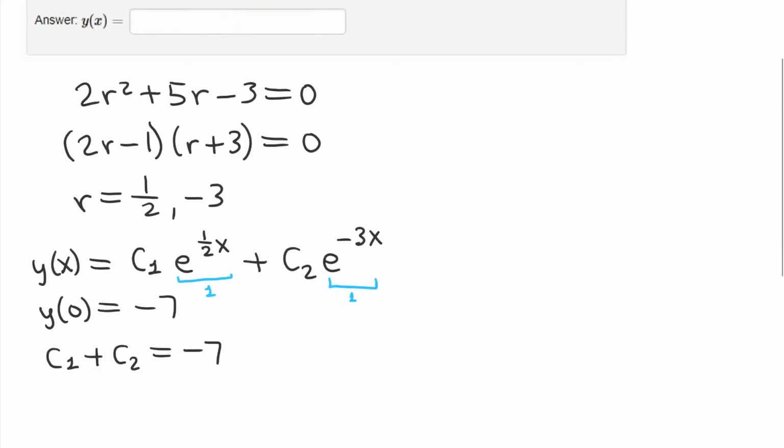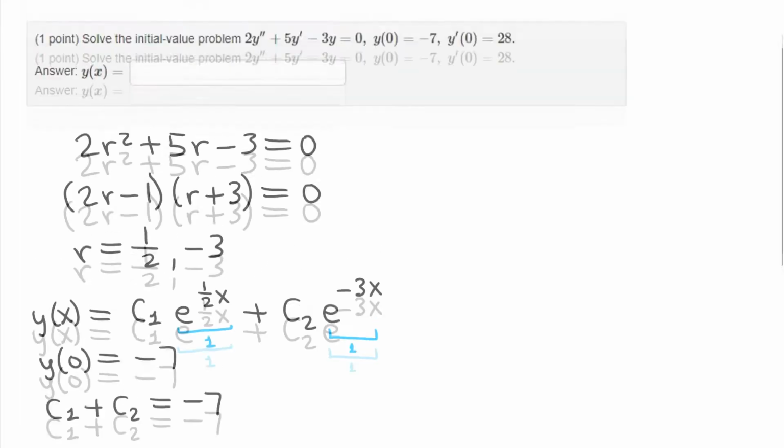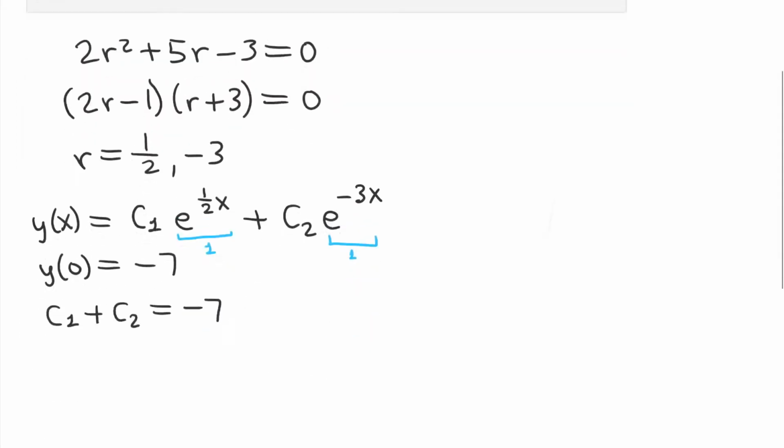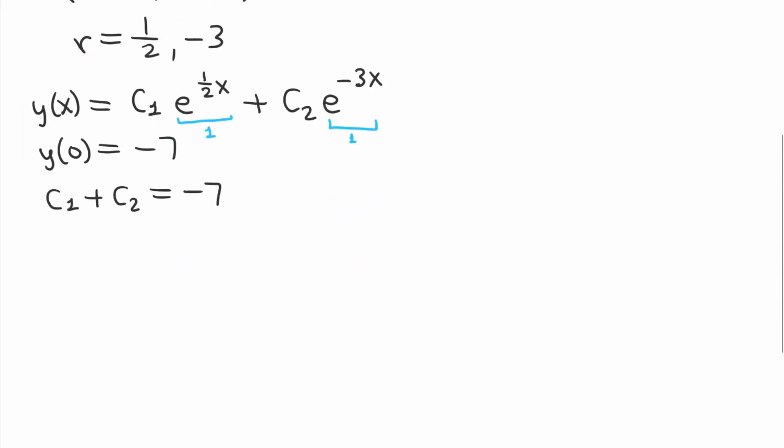Now we can't solve for c1 and c2 right away, but that's where the second condition, y'(0) equals 28, comes in handy. So we take the derivative of this equation to find y prime of x. Again, we use the chain rule for the exponential, so we get 1/2 c1 e to the 1/2 x minus 3 c2 e to the -3x.